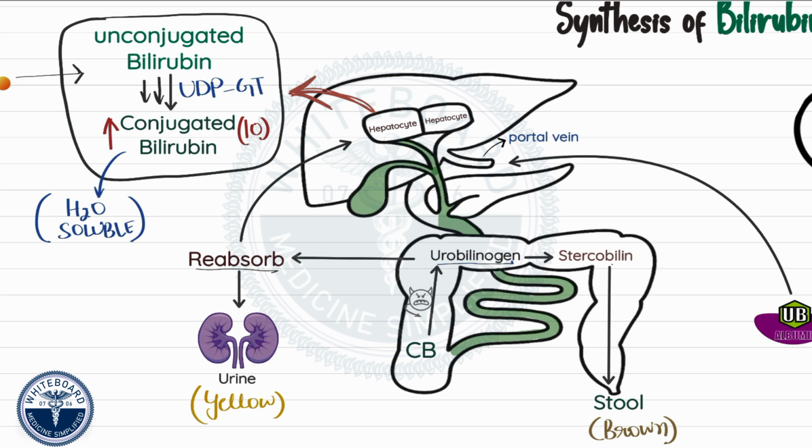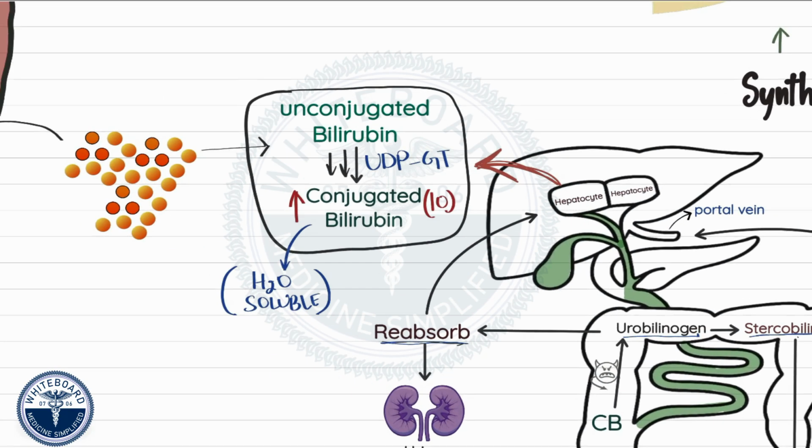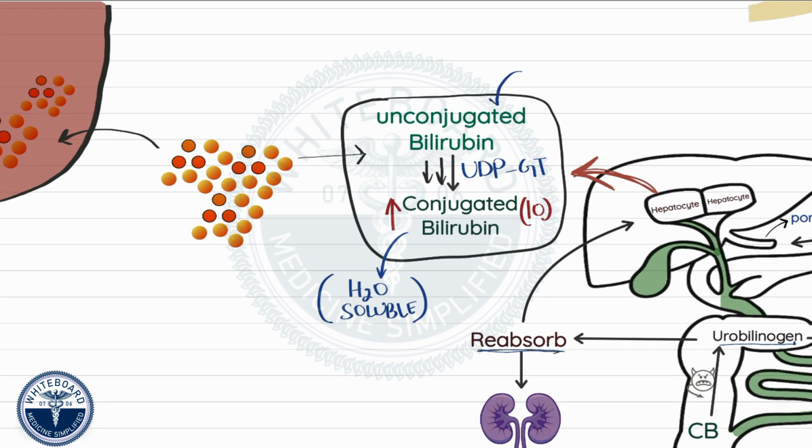Some of this urobilinogen is reabsorbed into the bloodstream and excreted in the urine, while most is further converted into stercobilin and eliminated in the feces, giving stool its brown color. Unconjugated bilirubin, on the other hand, is lipid soluble and cannot be directly excreted by the kidneys, which is why it accumulates in the blood during prehepatic jaundice.